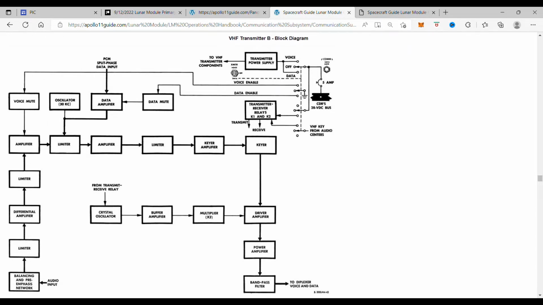Backup voice communication is established with VHF Channel B simplex. VHF ranging, initiated by the Command Service Module, uses VHF channels A and B duplex.